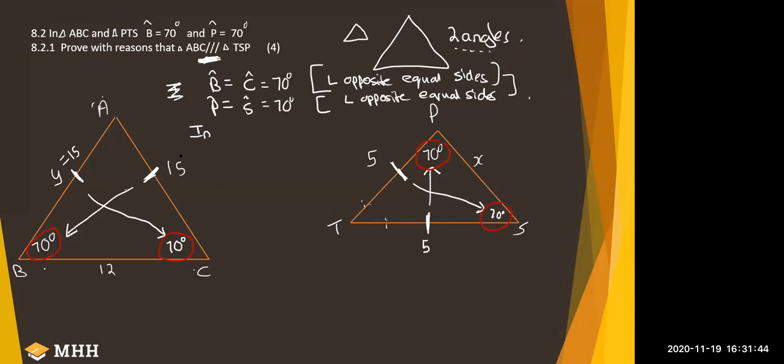Right, now I'm going to actually do my proof because I've got two angles and that's all I want. In triangle ABC and triangle TSP, oh, by the way, this will always help you.